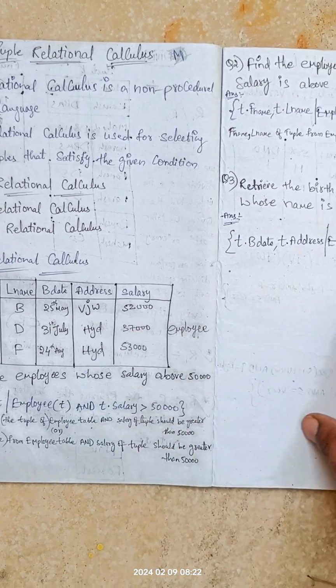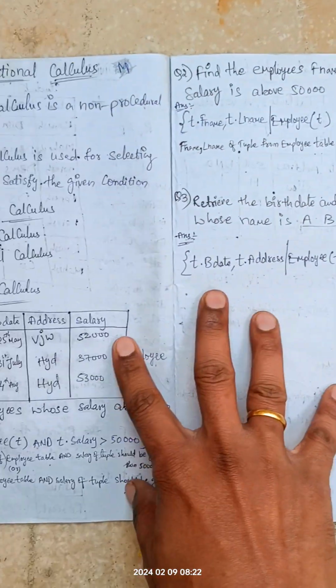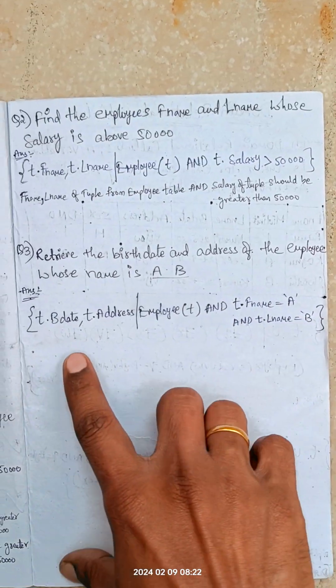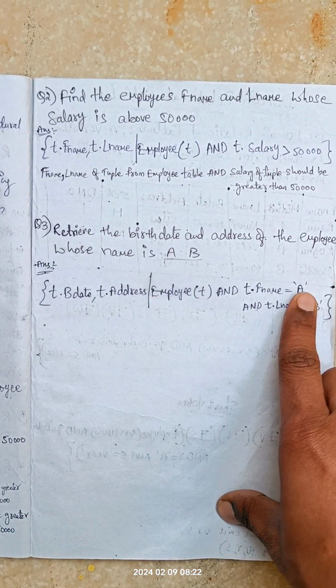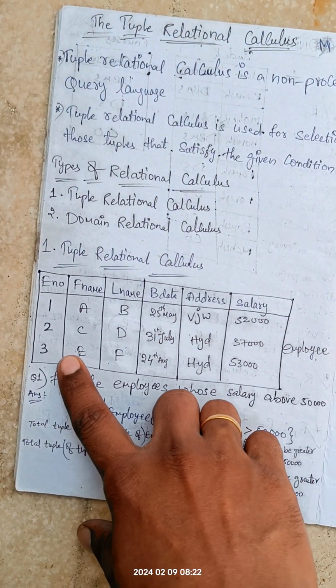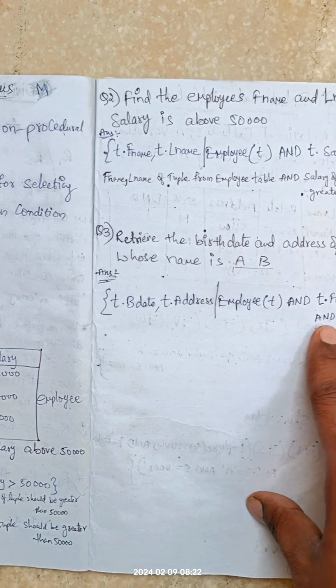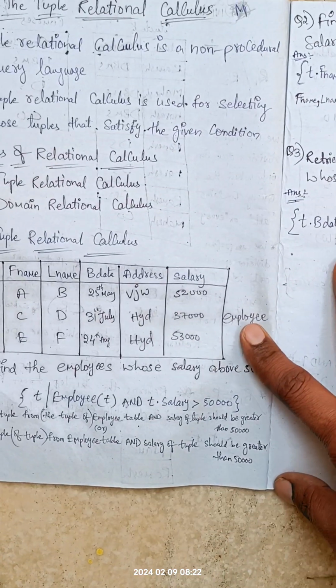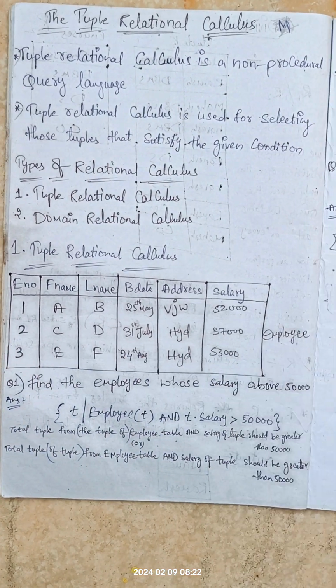If you write first name of the tuple is equal to E, last name of the tuple is equal to F, then you will get the last line as the output.